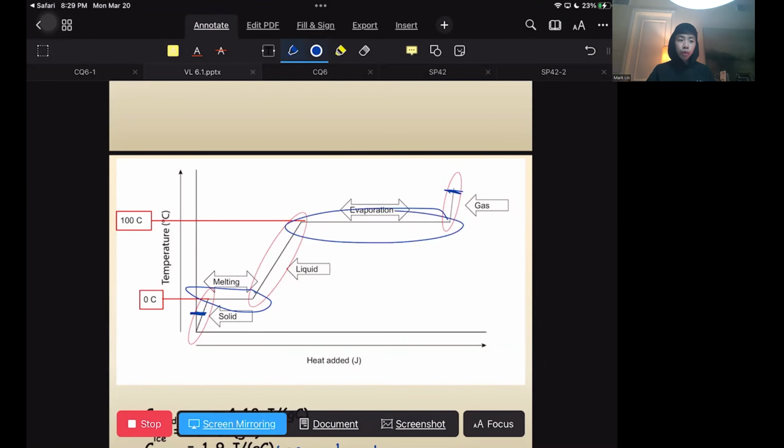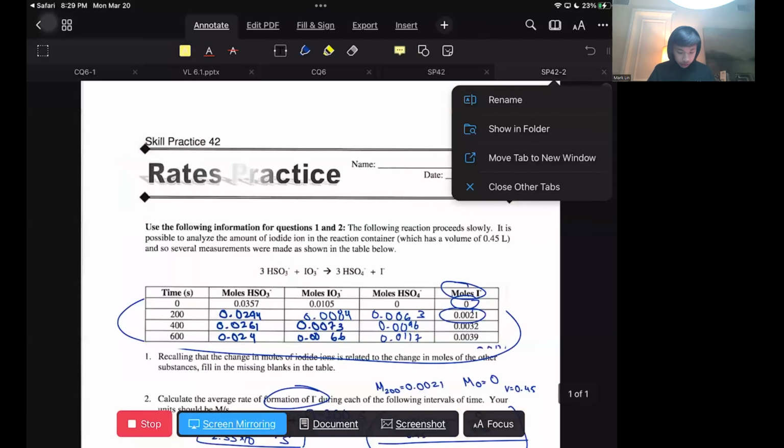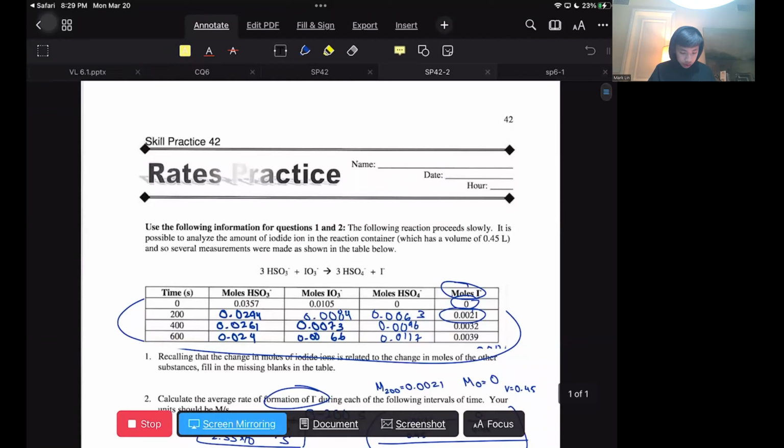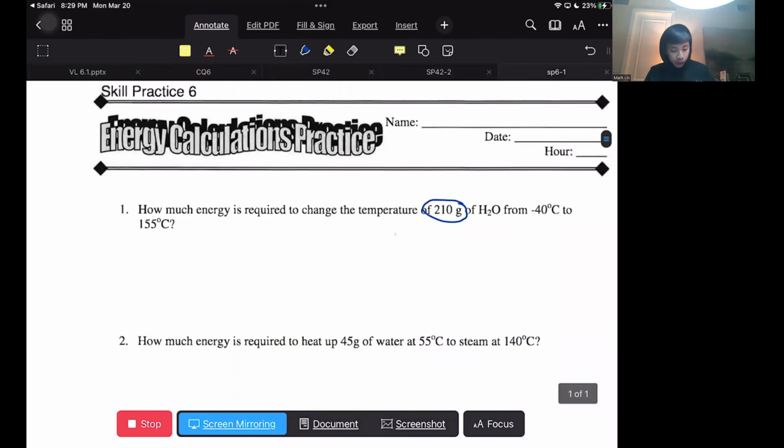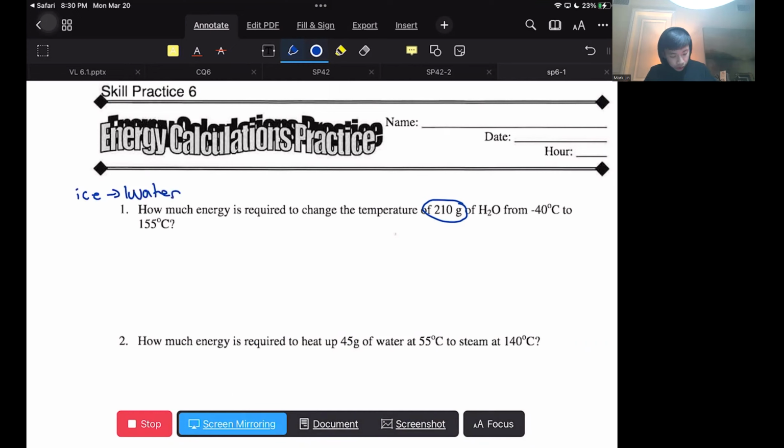So we go through two phase changes, and we need to keep that in mind. You go from ice to water, and then from water to steam.